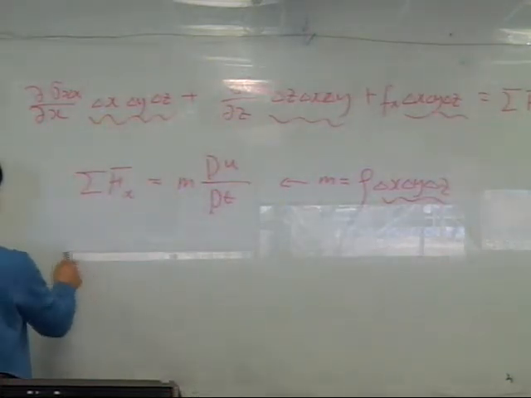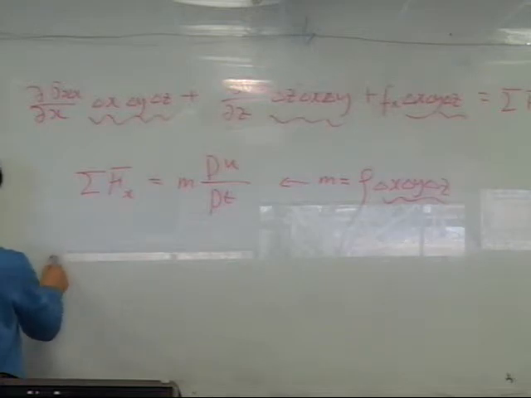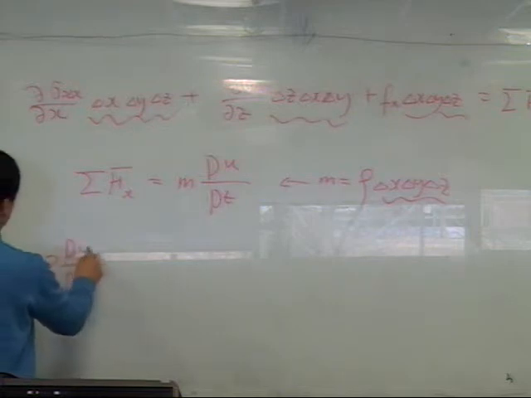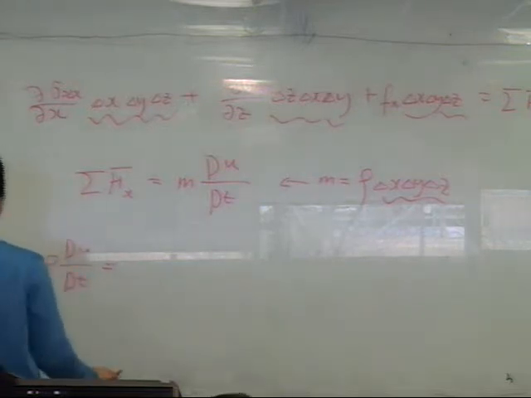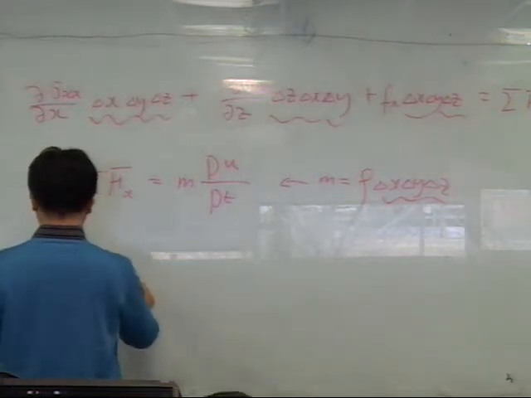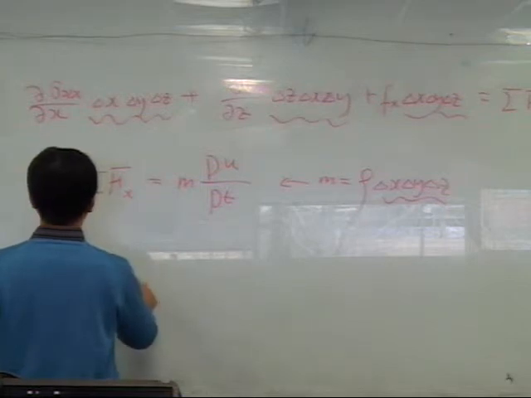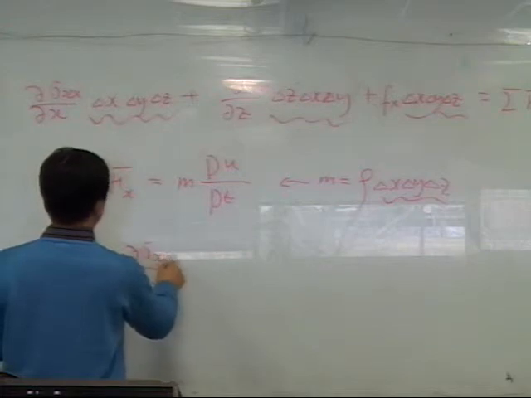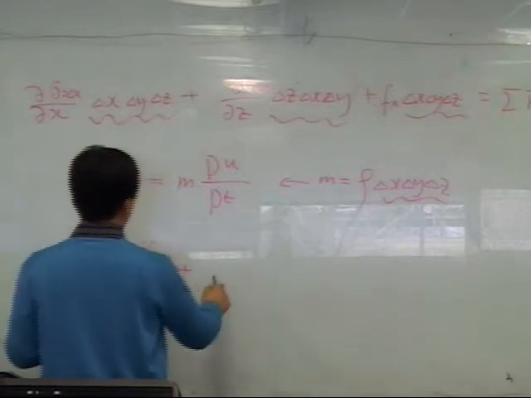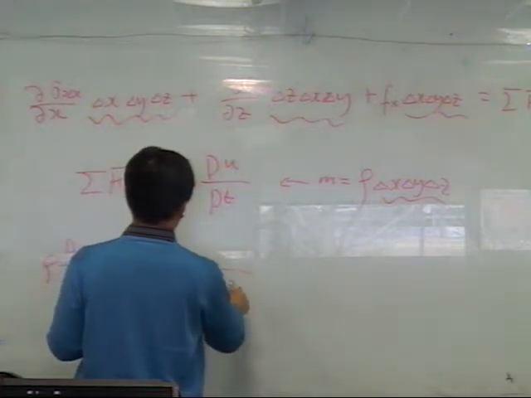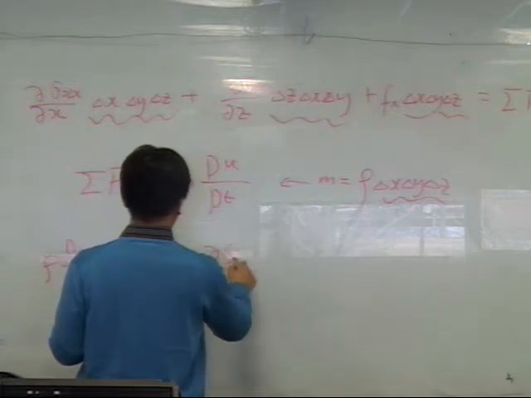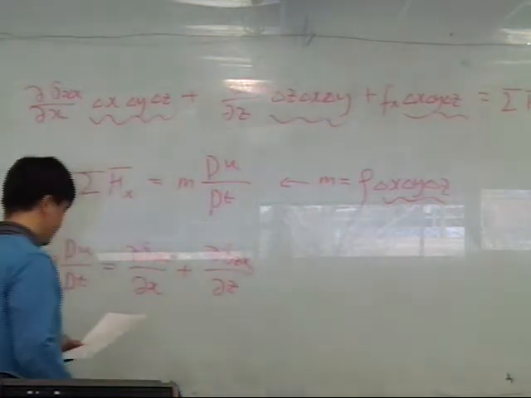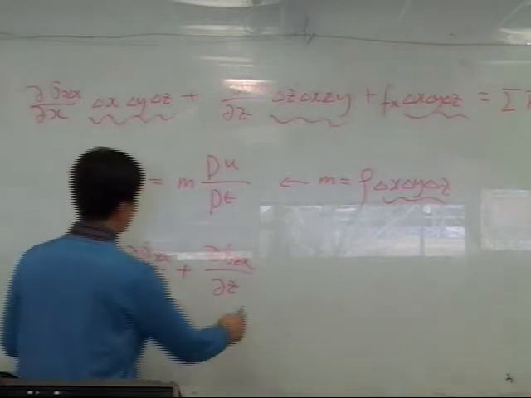Then finally we have rho du/dt equal to the partial of stress xx plus the partial of stress yx, plus fx.